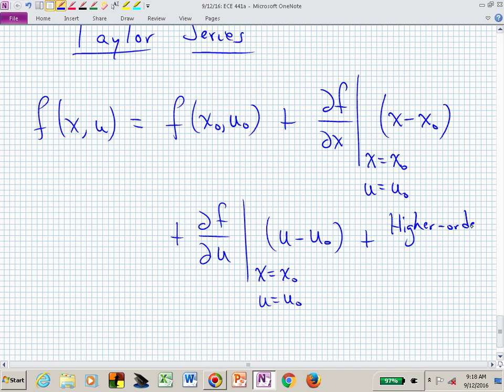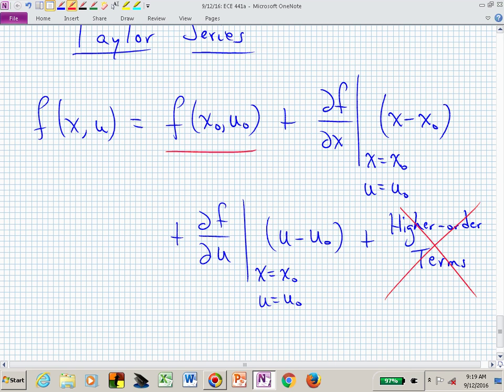In our Taylor series, we would have the second partial of f with respect to x, and then the partial of f with respect to u, etc. We have these higher order terms, but if we stay close to this point, and if the variations x minus x naught and u minus u naught are not very large, then we're going to neglect those higher order terms because they will be scaled or multiplied by x minus x naught squared and x minus x naught cubed.